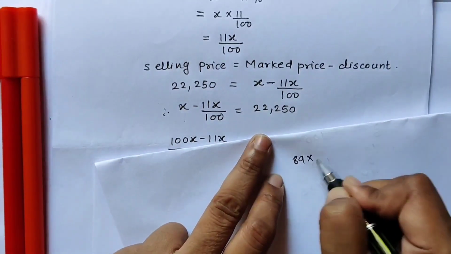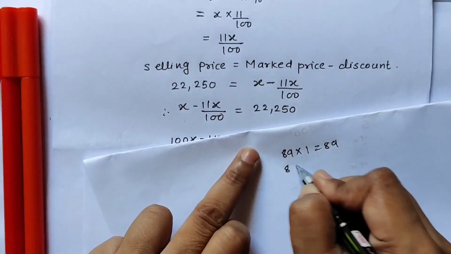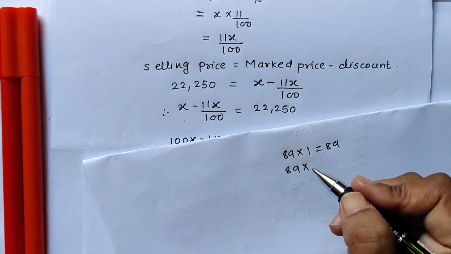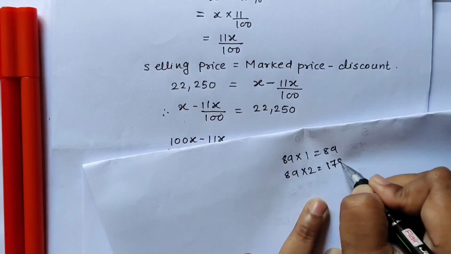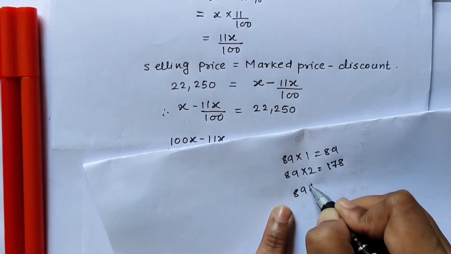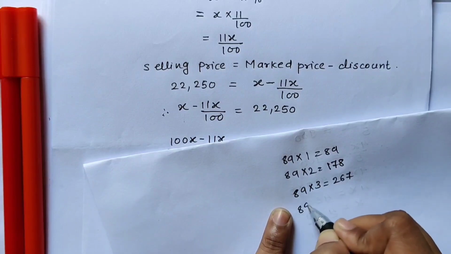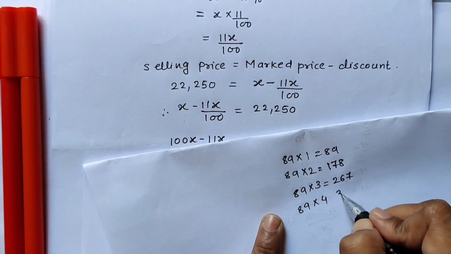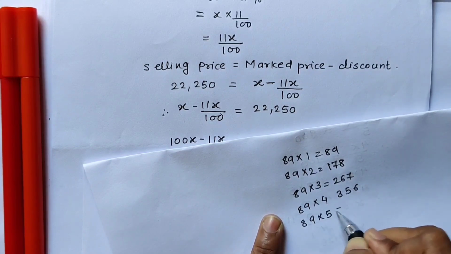89 ones are 89. 89 twos are 178. 89 threes are 267. 89 fours are 356, and 89 fives are 445.